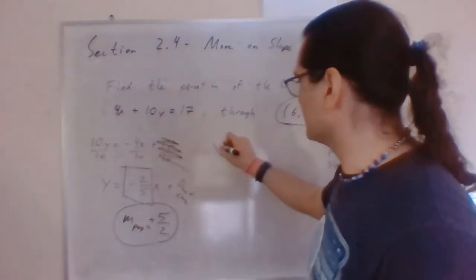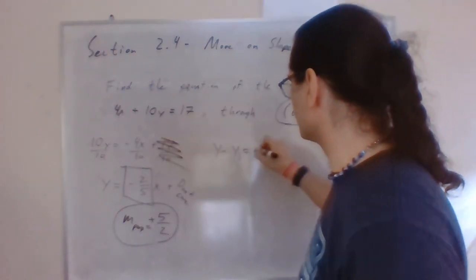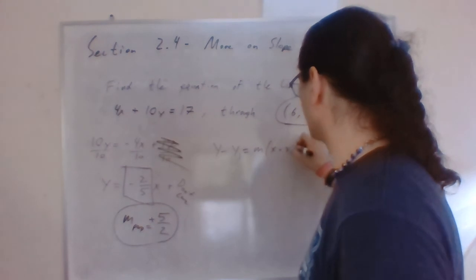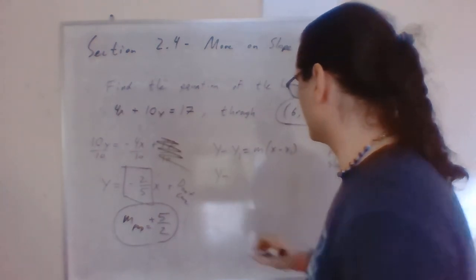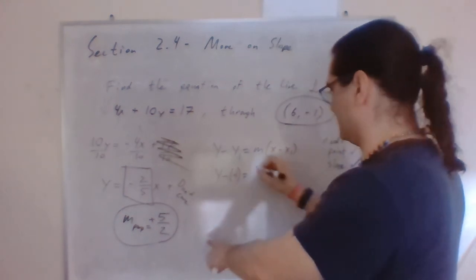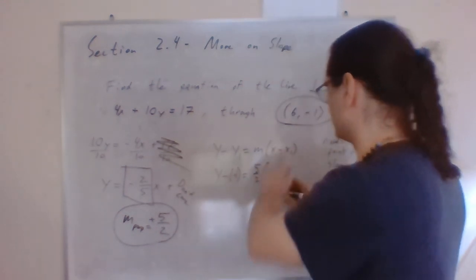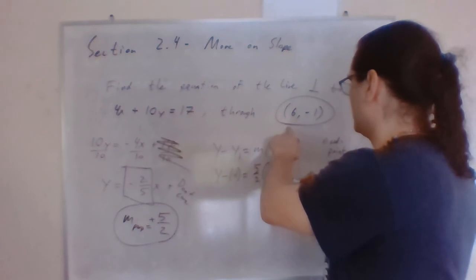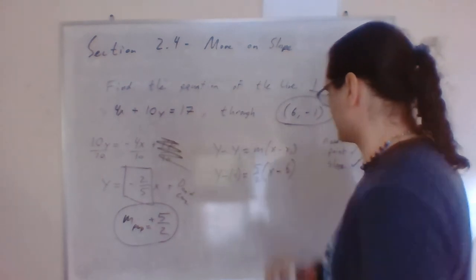Let's put them together. y minus y1 equals m times x minus x1. y stays a variable. y1 is -1. m is 5/2. x stays a variable. x1 is 6.